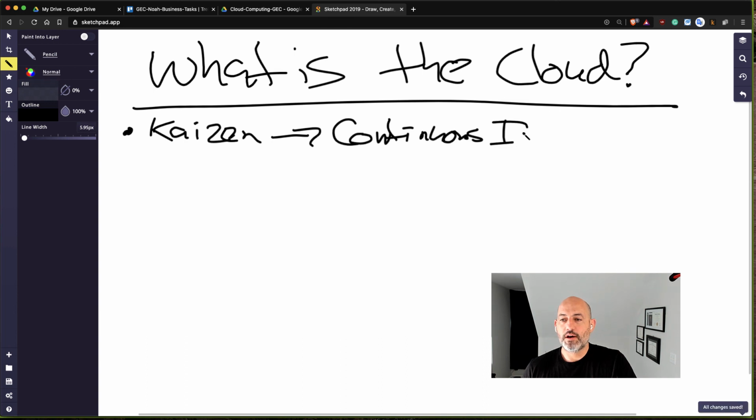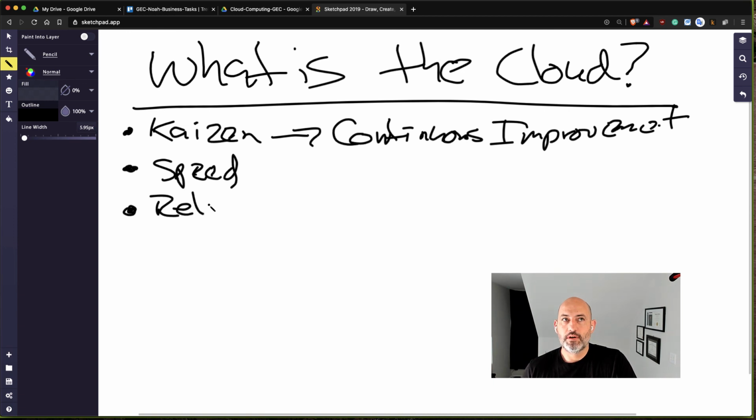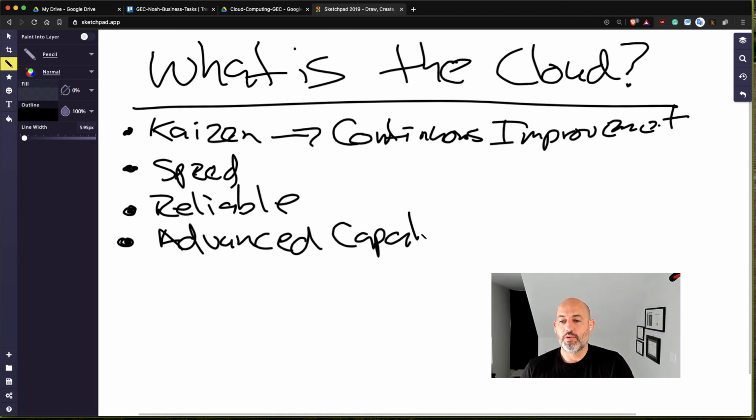It's also a way to speed up delivery. We know that the cloud can speed things up. It can make things more reliable. And also, we know that the cloud has new capabilities, advanced capabilities that didn't exist before, and we call those cloud native. And you could even say that it's the building block for AI.